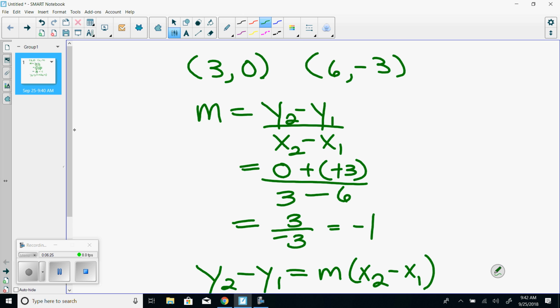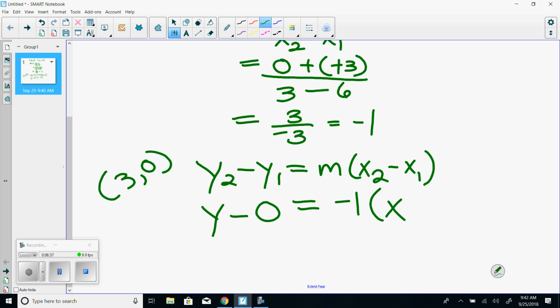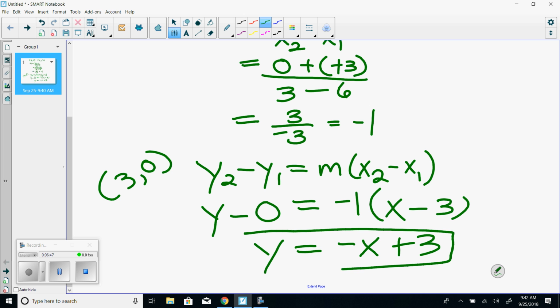Okay, so I'm going to plug in (3, 0). y minus 0 equals my new slope, -1, times x minus 3. So I get y equals -x plus 3. There's my equation of a line. -x plus 3.